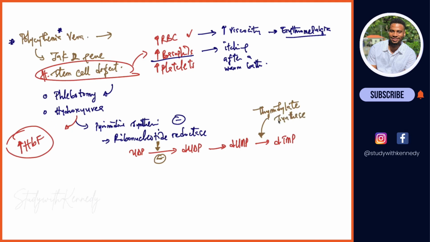And do you remember the medications that inhibited thymidylate synthase? You would be thinking methotrexate, right? Trimethoprim, and what's the last one? Oh no, that is a bad mistake. Sorry, not methotrexate. You see, when I think of these things by myself, I make mistakes as well. The medication that inhibits thymidylate synthase is 5-fluorouracil. I'm very sorry for that mistake.